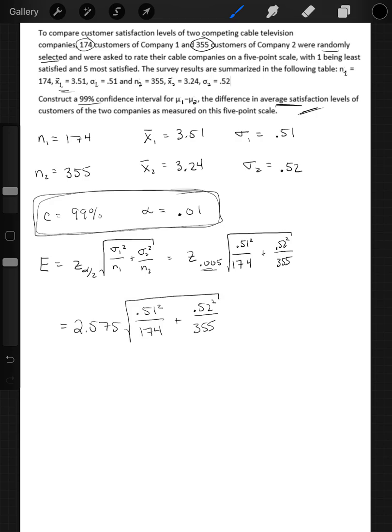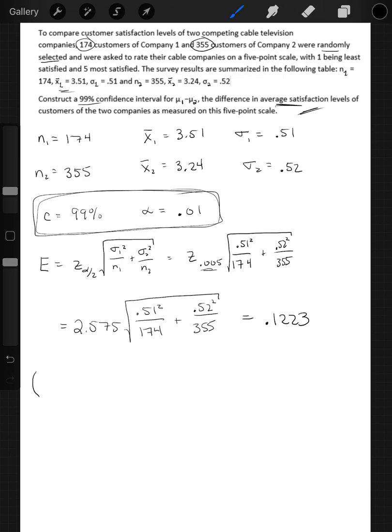So I'm going to plug in all of these values. All right. And my calculator gives me 0.1223 when I plug all that in. Yeah, looks like it.